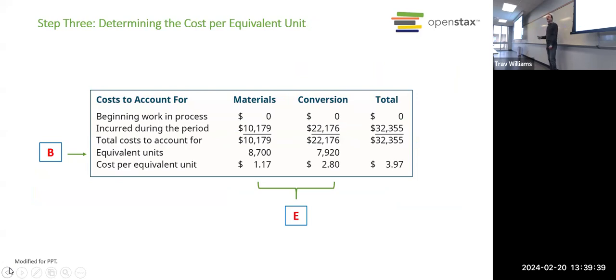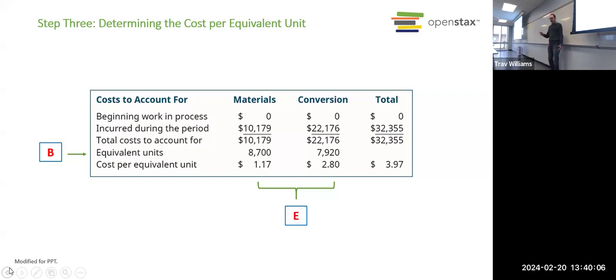And we divide that number into the material costs and the conversion costs to get a cost per unit for materials and for conversion. So that part's not as challenging. Then you can add them together and you get a total cost per unit.